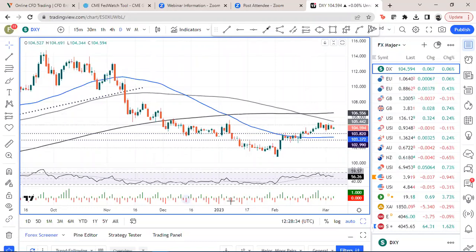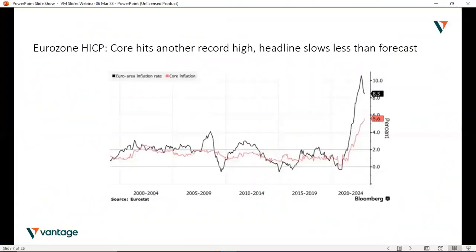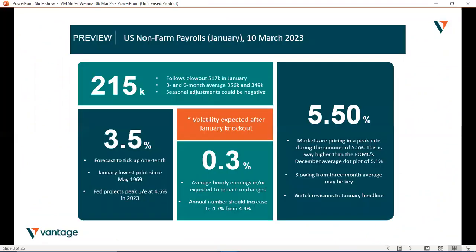Actually, before we look at DXY, I'll just look at the other big risk event, which is, of course, Non-Farm Payrolls. I have got this graphic here that has all the info on where the market expects the headline payroll number to be, at 215,000.